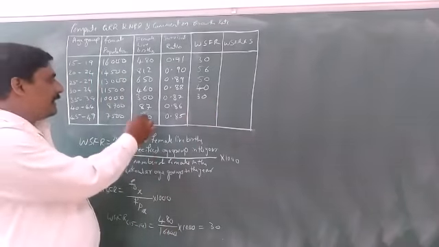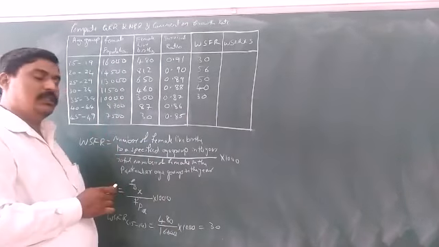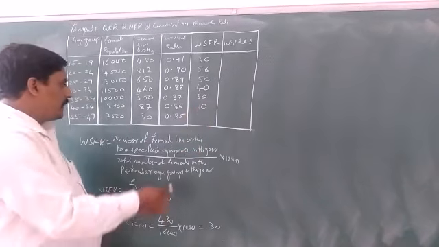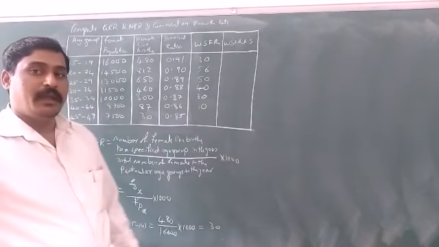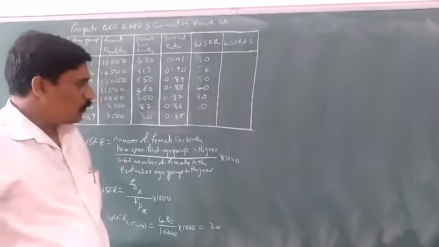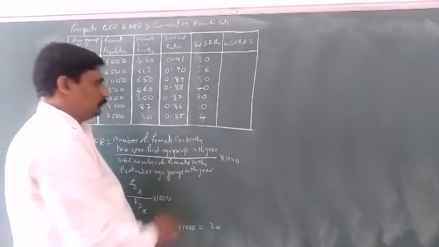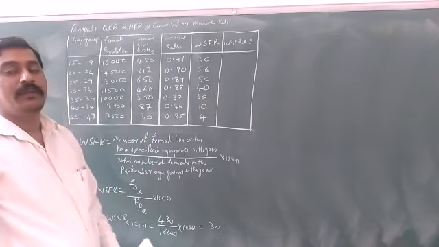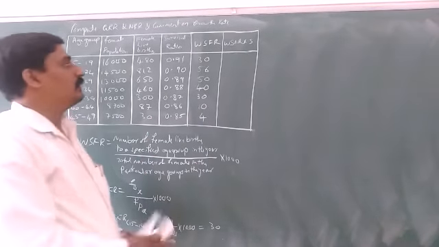And next 87 divided by 8,700 into 1000, we get 10. And last 30 divided by 7,500 into 1000, we get 4. Now WSFR into S, that is survival ratio into WSFR column.